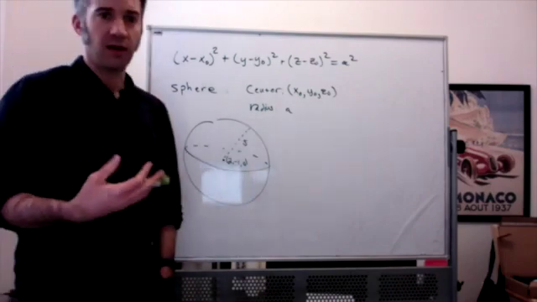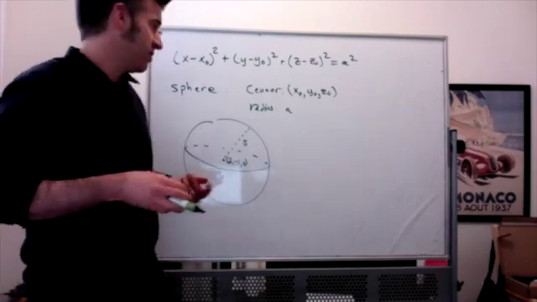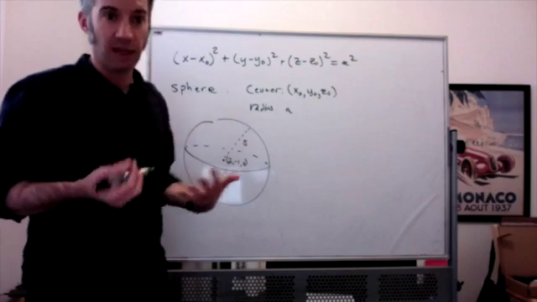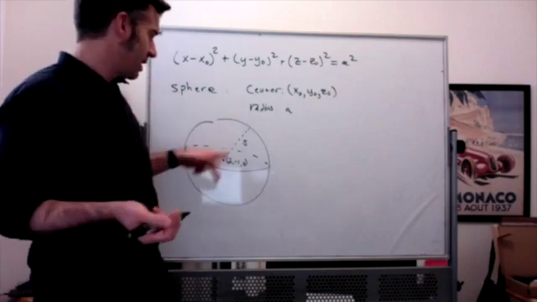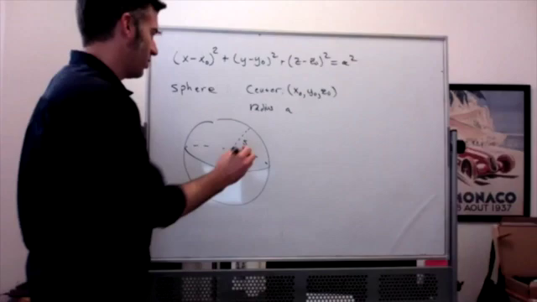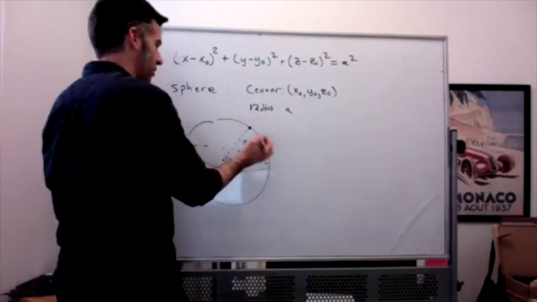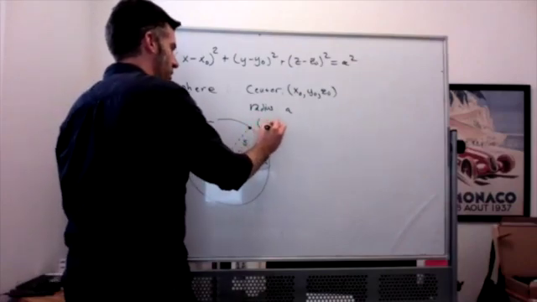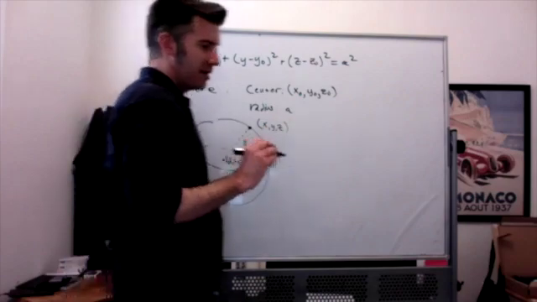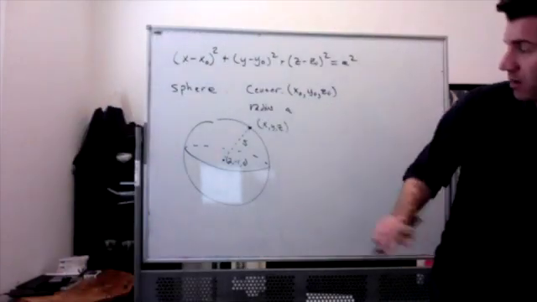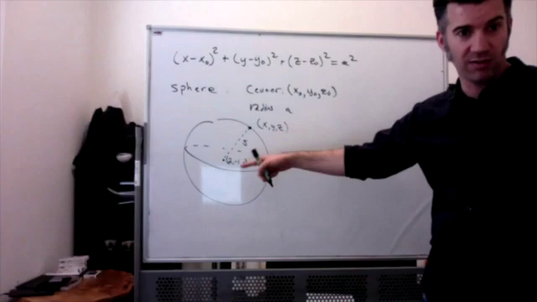When you're talking about a sphere, just like a circle, a sphere is all points in 3 dimensions, where a circle is in 2 dimensions, that are the same distance from this one center point. So any point on the sphere, let's call it (x, y, z), is such that the distance between it and the center is 5.